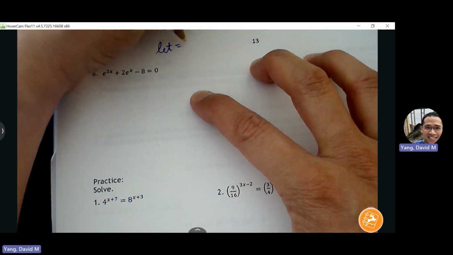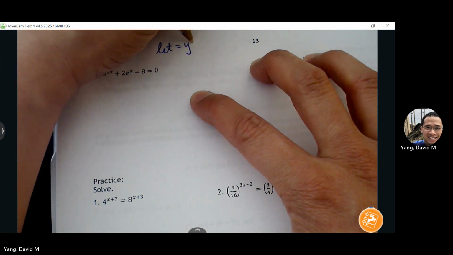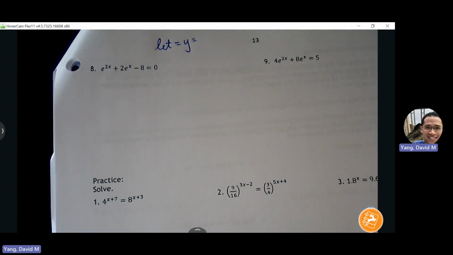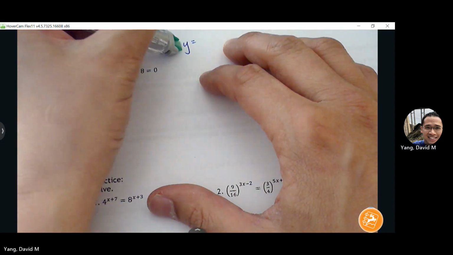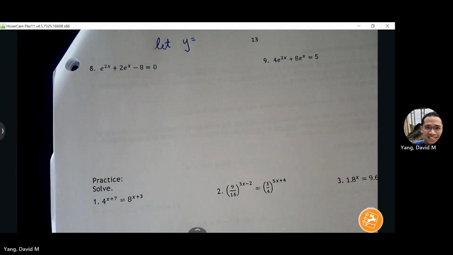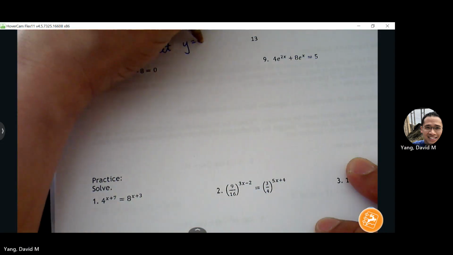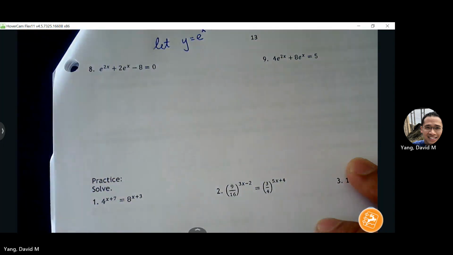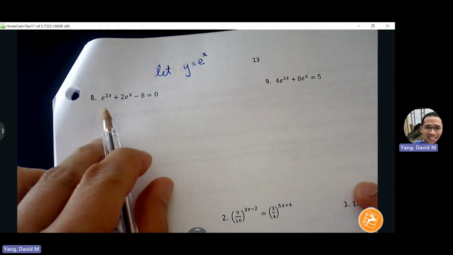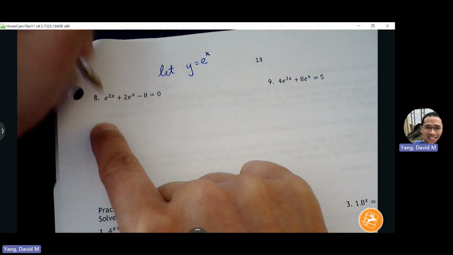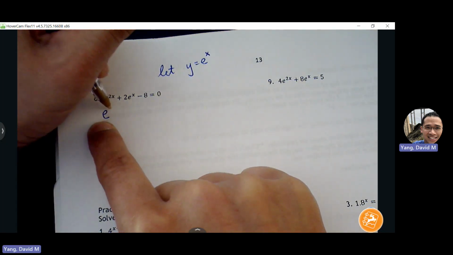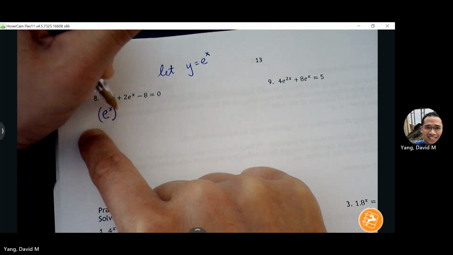Let y equal e to the x, sorry. So this is really e to the 2x, same thing as e to the x squared, right?